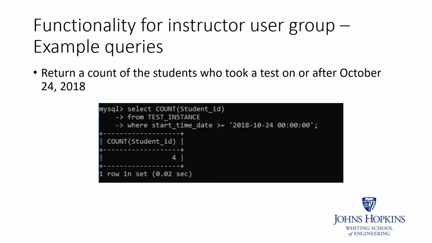Return a count of students who took a test on or after a certain date. So here we're selecting a count of student ID from the table test instance where the start time date is greater than October 24th. And what is returned is that 4 students have taken a test on or after that date.